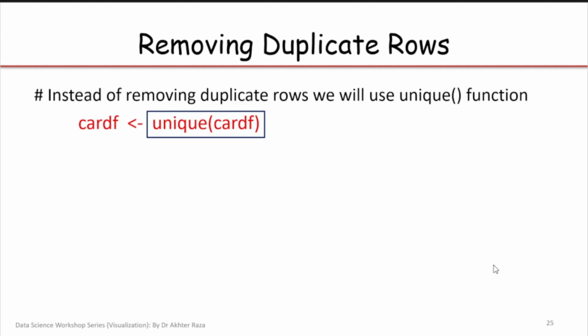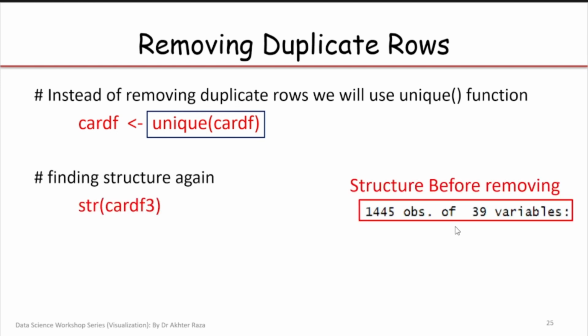If we want to remove these replicated rows, we should use the unique function. The very simple format is unique(cardf), and the result is stored again in the same data frame. So only the unique rows will be kept, and the 9 rows will be removed after this command.